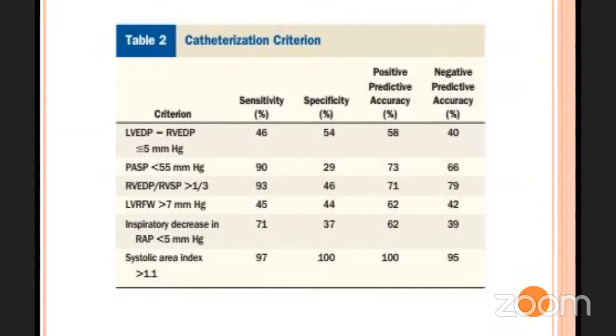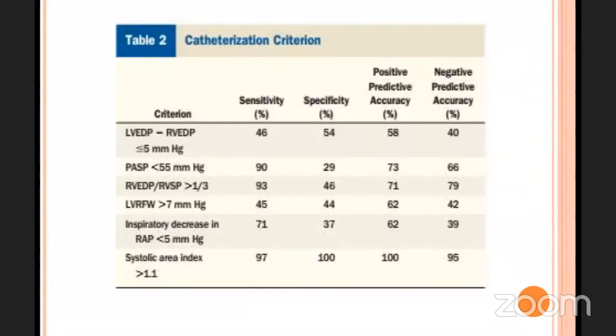When we say negative predictive accuracy, that means if there is no discordant pattern, you can rule out constrictive pericarditis. So you really need to look at the response of the RV pressures and LV pressures to inspiration and expiration.